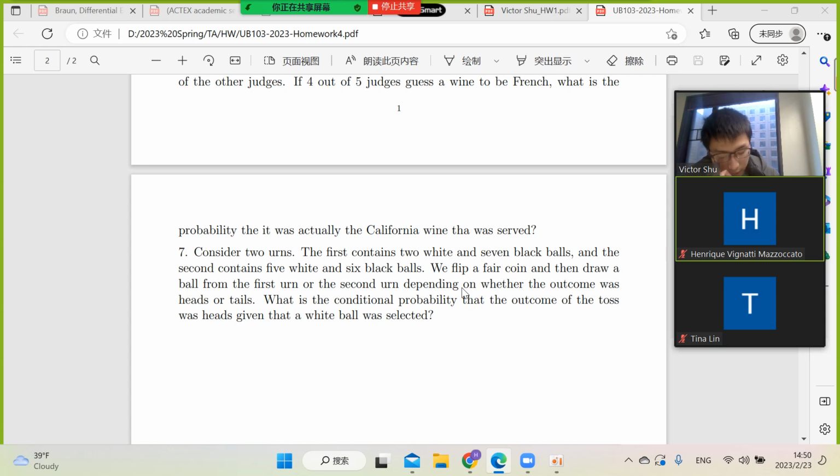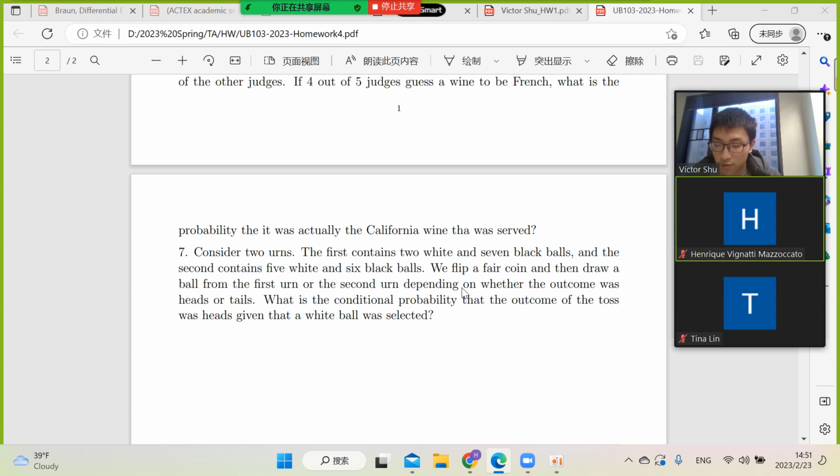We use another formula: the probability of A intersection B equals the probability of B given A times the probability of A. So we get the final setup: the probability of white given head times the probability of head, divided by the probability of white. And I can calculate those three probabilities very easily.